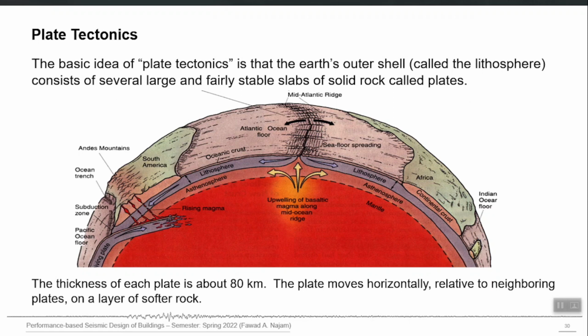And sometimes we use the word tectonic plate for a combination of crust and some upper part of mantle, right. So there is a classification about lithosphere, and then asthenosphere, and then the core.